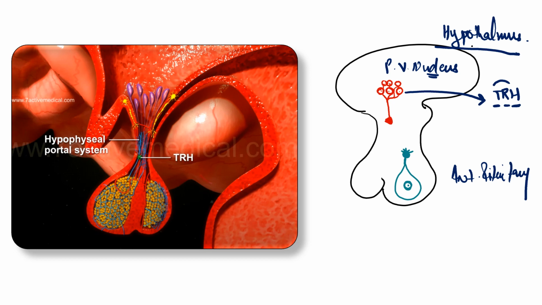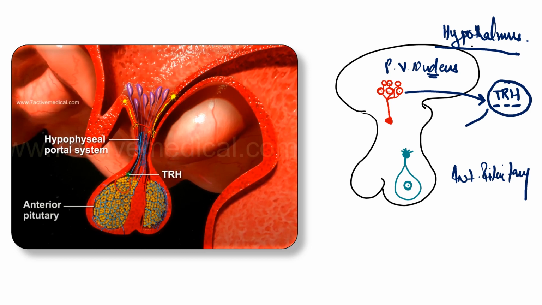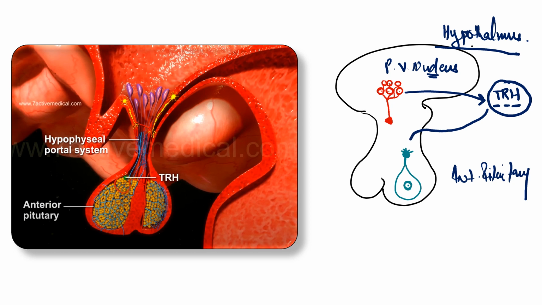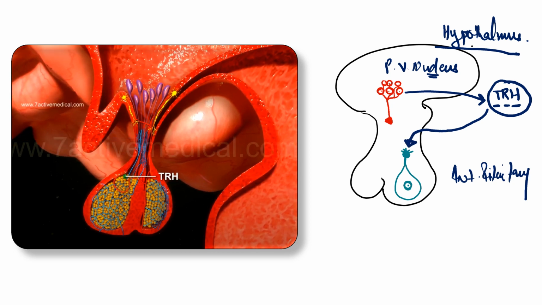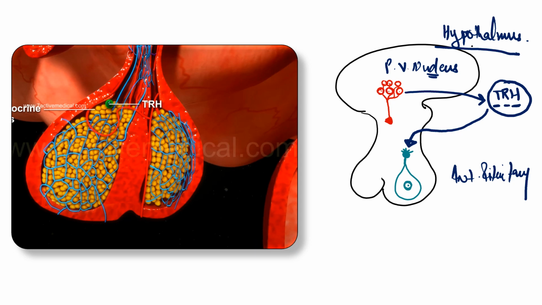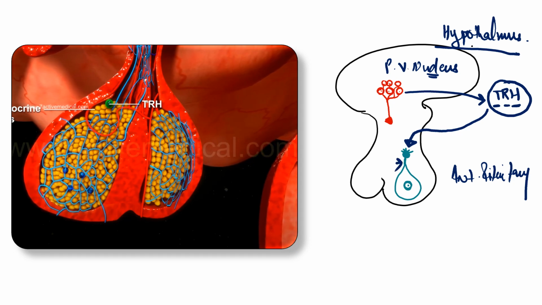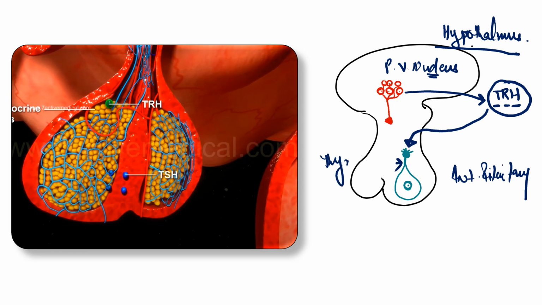This TRH, once secreted from the hypothalamus, will travel through the vascular system to the anterior pituitary and stimulate specific cells on the anterior pituitary called as the thyrotropes.